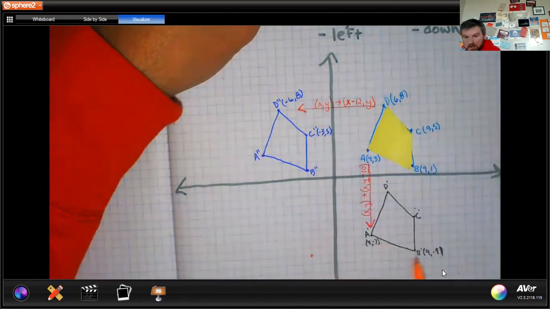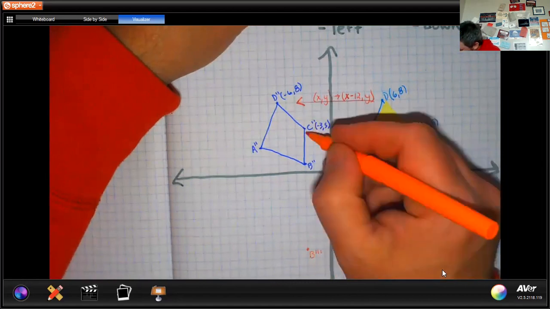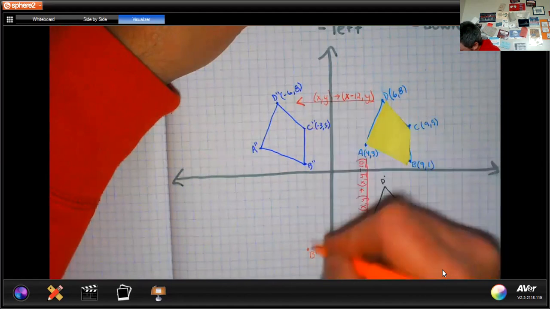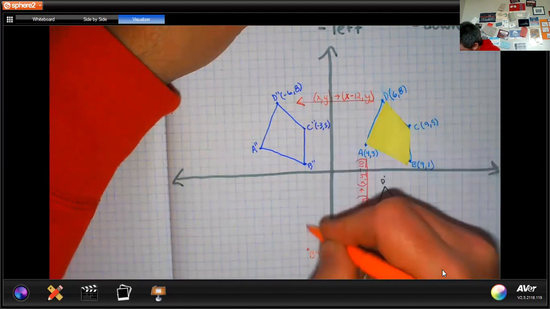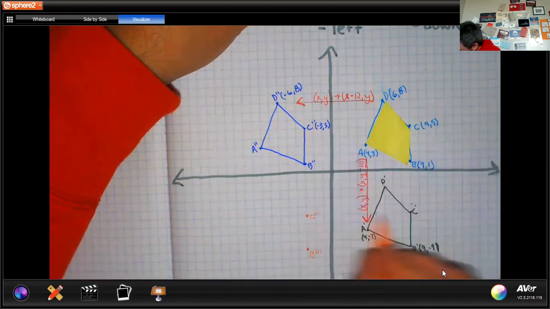Notice it's even with this B over here, and this is B triple prime. And C is only 4 up from there. So 1, 2, 3, 4. C triple prime. Again, it's level with that one.